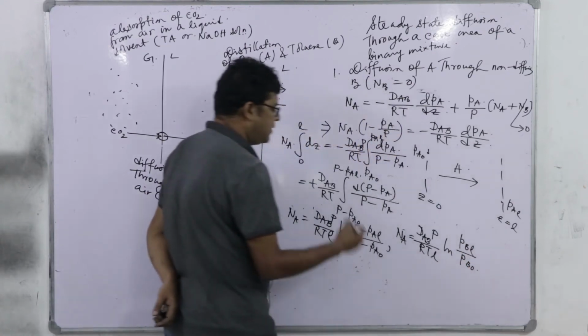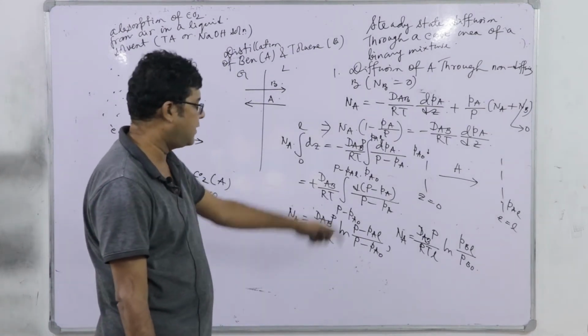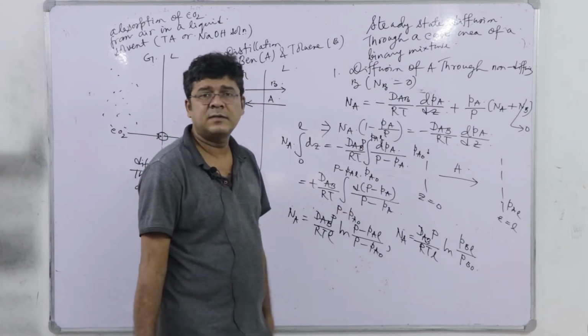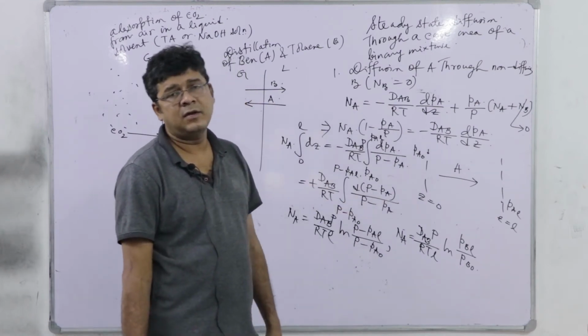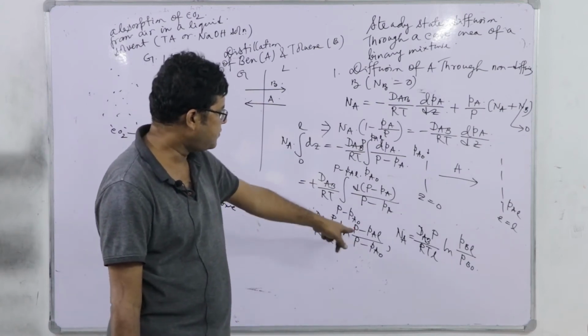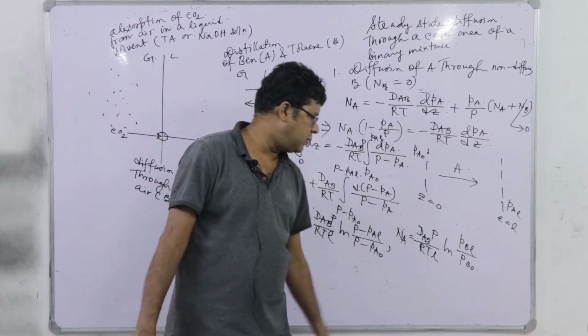Why? Because total P is contributed by partial pressures of A and B. So, capital P is equal to PAL plus PBL and also equal to PA0 plus PB0. Okay. So, P minus PAL equal to PBL, P minus PA0 equal to PB0.